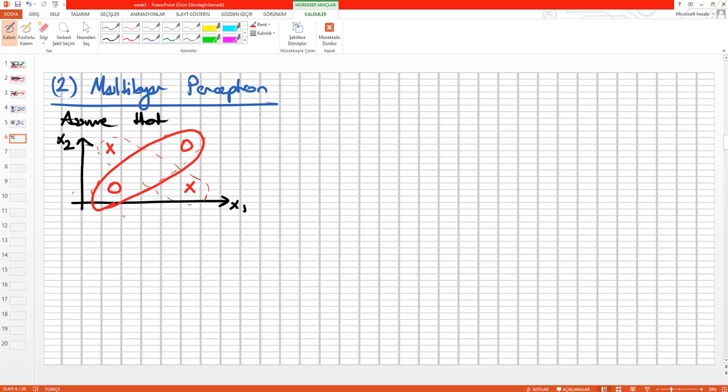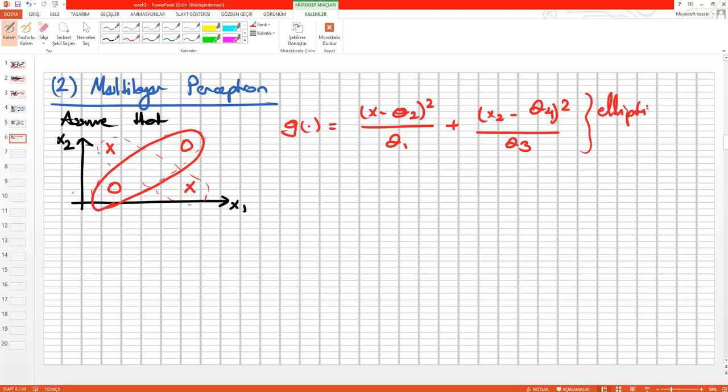This is also a line, but the specific formula of this line could be like this one: (x1 minus theta 2) squared divided by theta 1 plus (x2 minus theta 4) squared divided by theta 3. This is the elliptic formulation.